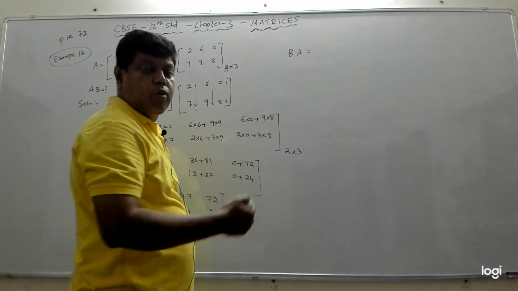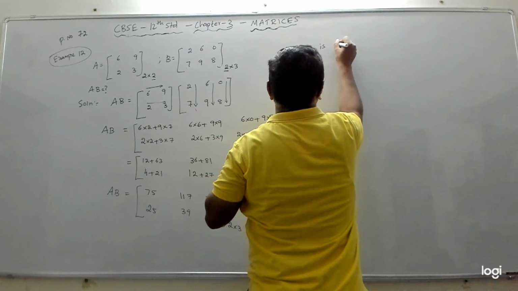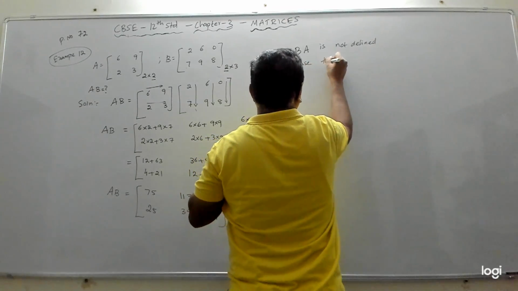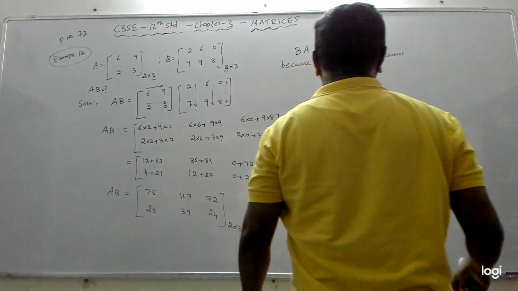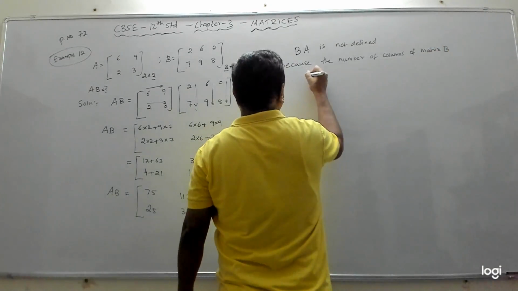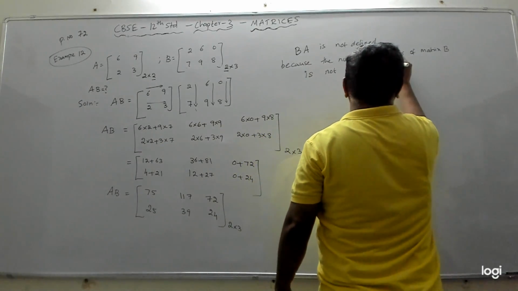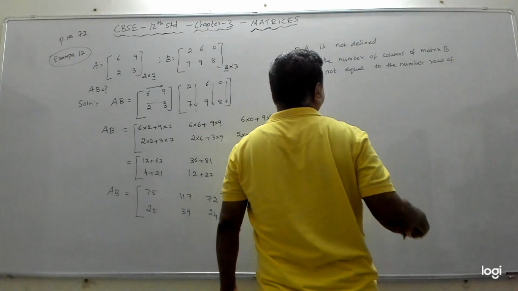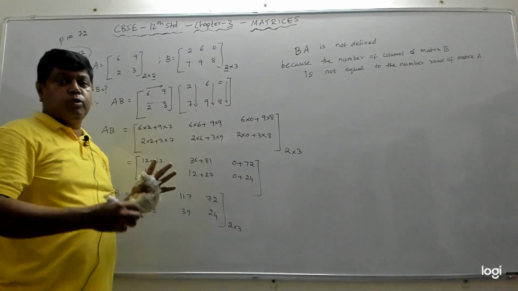So you cannot do B into A. BA is not defined, which means we cannot perform this, because the number of columns of matrix B is not equal to the number of rows of matrix A. So BA is not defined.